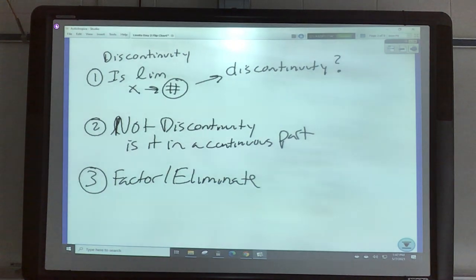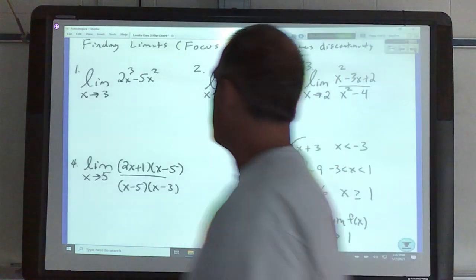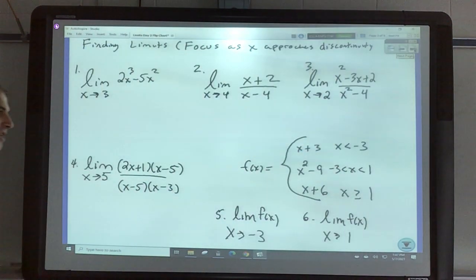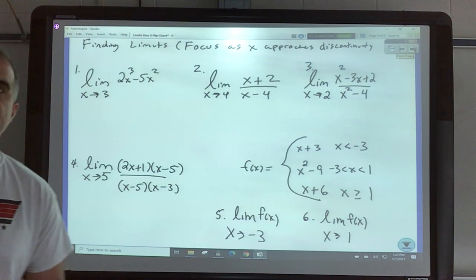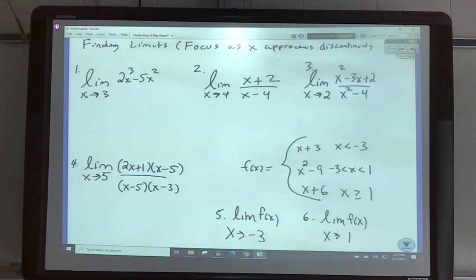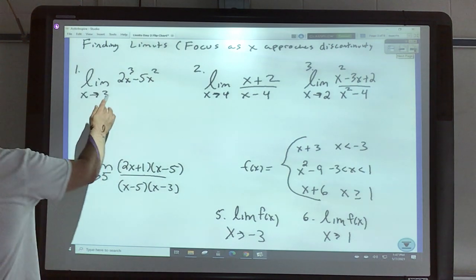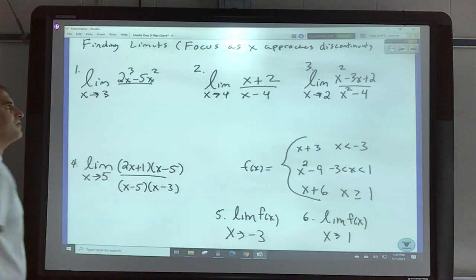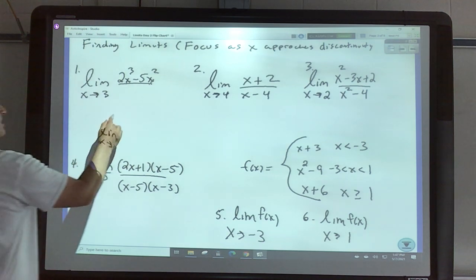So let's start with some examples. What we want to do is look at these examples and ask ourselves, if it's continuous, I'm good. So if I look at this, this is a continuous function. So how do I find this answer?